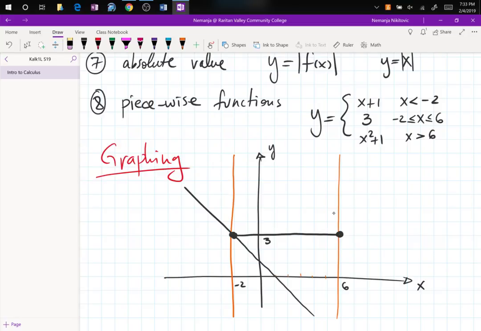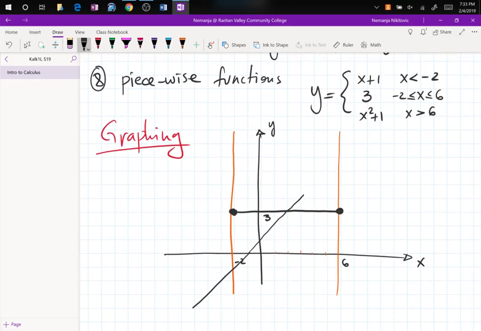But I am not allowed to have this part of the function here, because x plus 1 is allowed... No, I lied. This is bad. I have it backwards. The slope is positive. It's supposed to look like this.